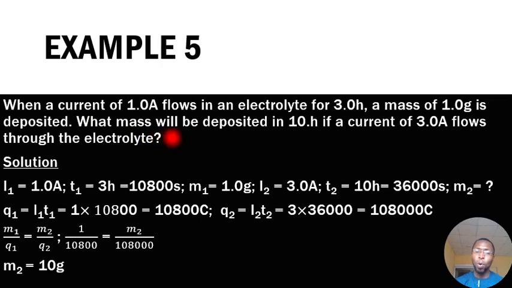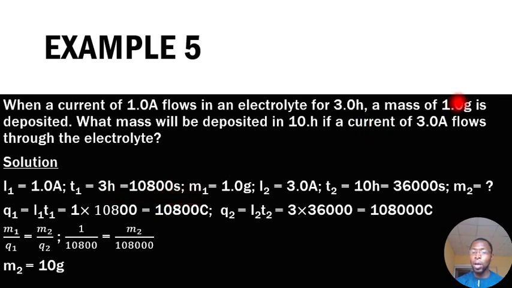What mass will be deposited in 10 hours if a current of 3.0 ampere flows through the electrolyte? Alright, so we have initial current I1 to be 1.0 ampere. We have initial time T1, that's 3 hours. We need to convert it to seconds, so 3 hours to seconds, multiplying by 3,600, will be 10,800 seconds.